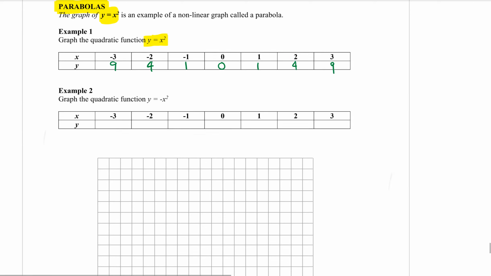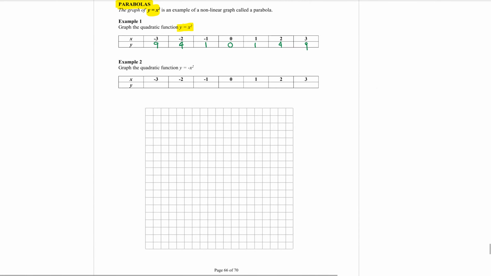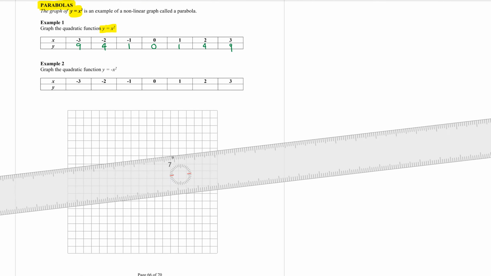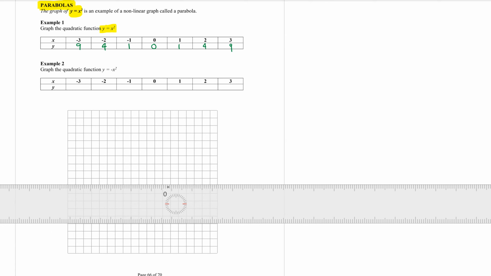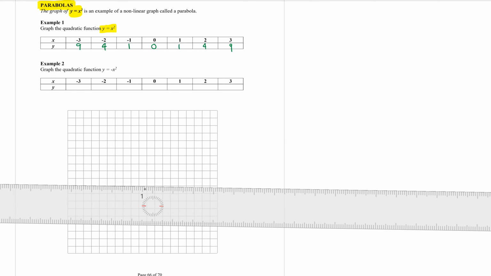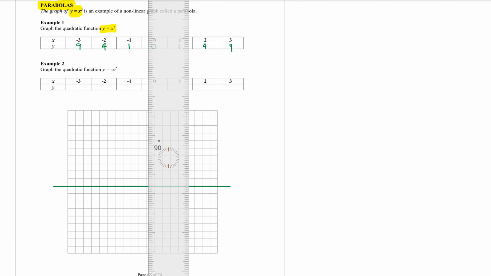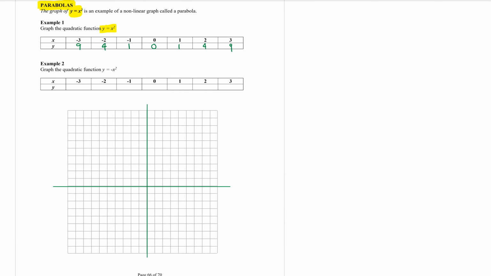Okay, so on the graph down here, I'll fill in that other table in just a moment. I'm going to cut this in the middle here, and vertically. So y-axis, x-axis.